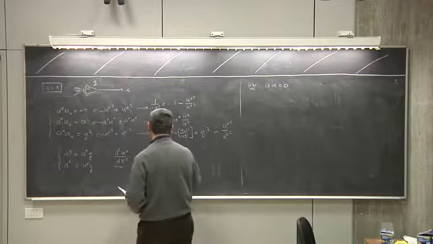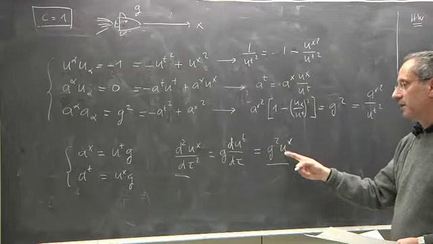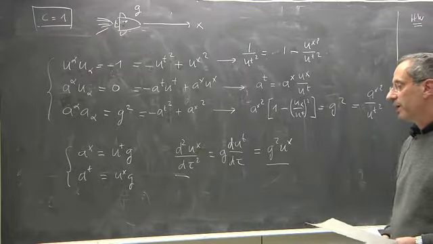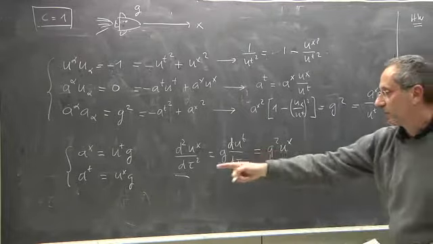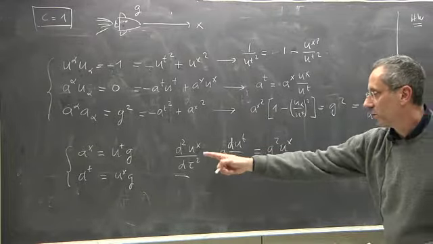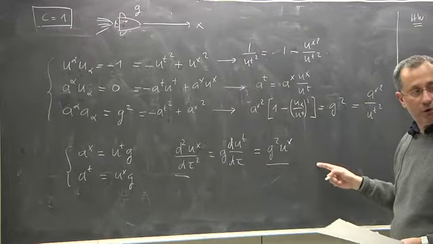So now I have an equation that I know. Now I want to find the velocity, right? And you see now I have an equation that I know how to solve, because the second derivative of this minus g squared times the function equals 0.